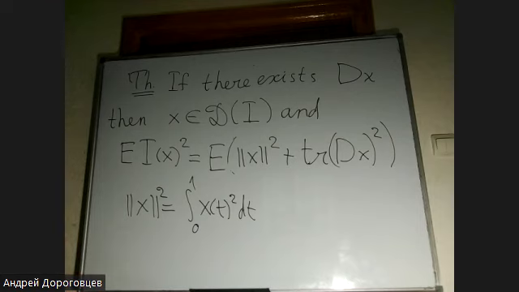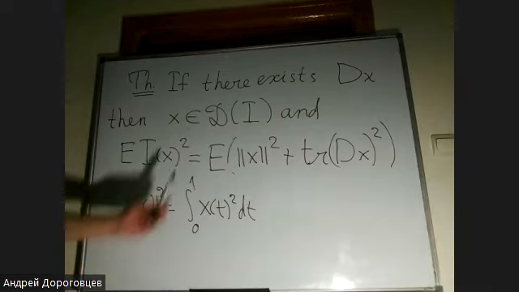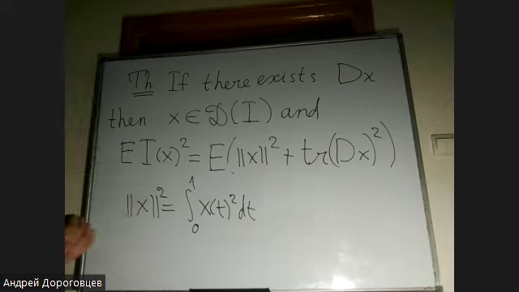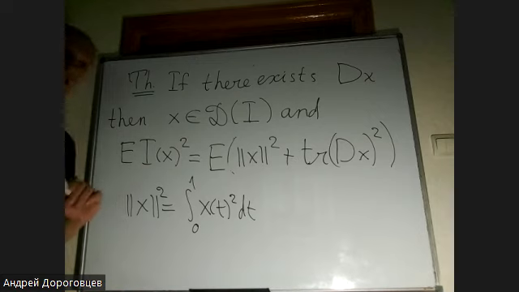So its square is a nuclear operator, and this trace is then well defined. Such a sum appears to be equal to the expectation of the square of this extended stochastic integral.